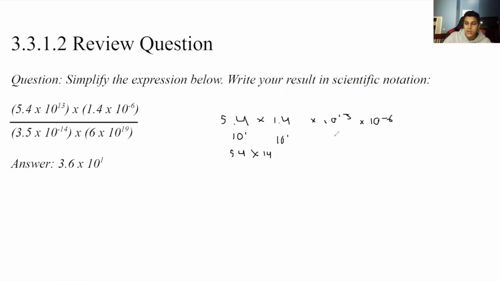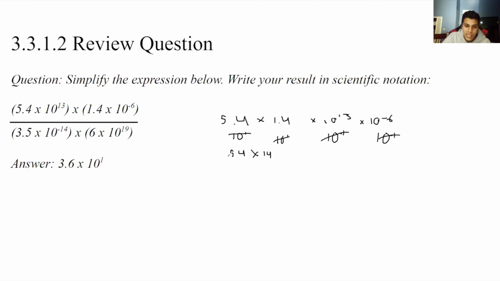Now the way I can solve this is if I multiply 10 to the power of 13 by 10 to the power of negative 1, and multiply 10 to the power of negative 6 by 10 to the power of negative 1 as well, that offsets these 10 to the power of 1s. These 10 to the power of 1s and 10 to the power of negative 1s offset each other and cancel each other out.